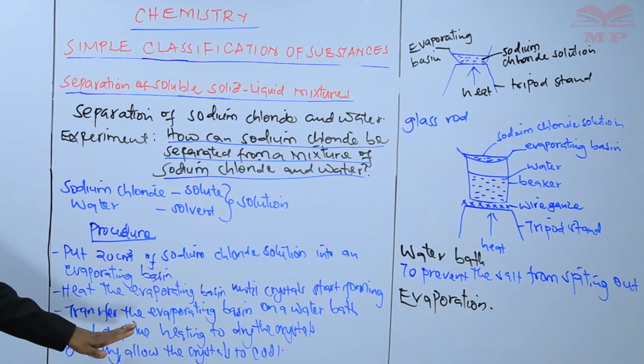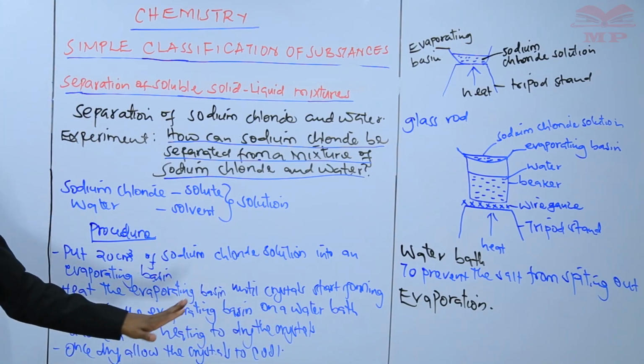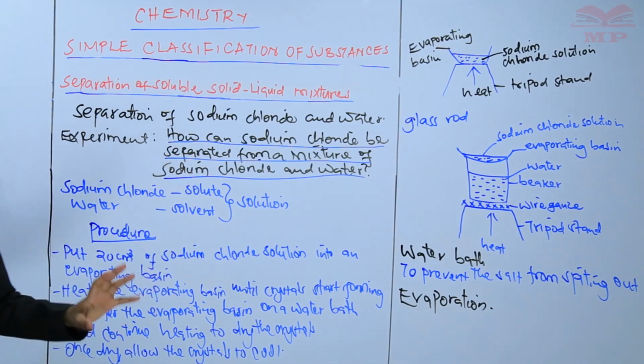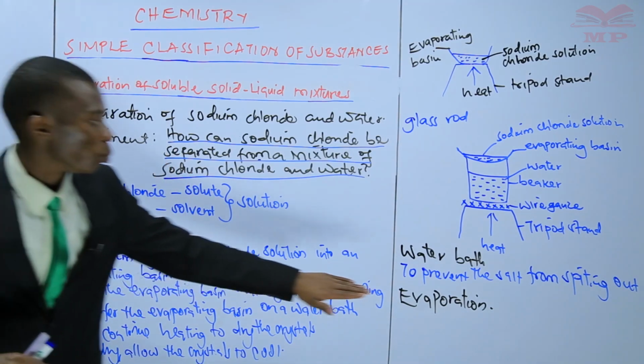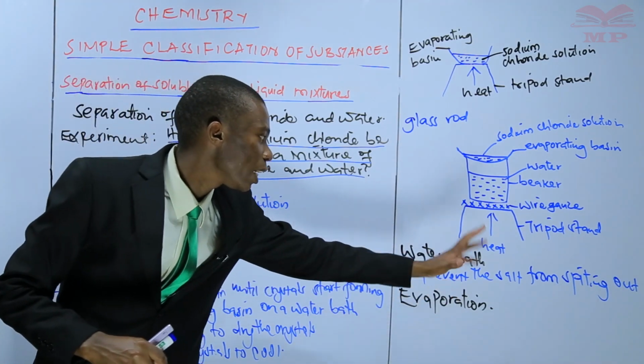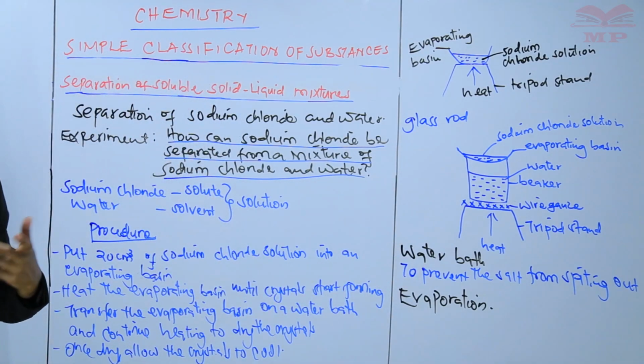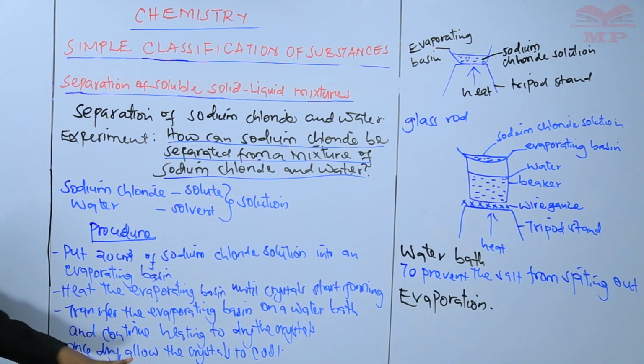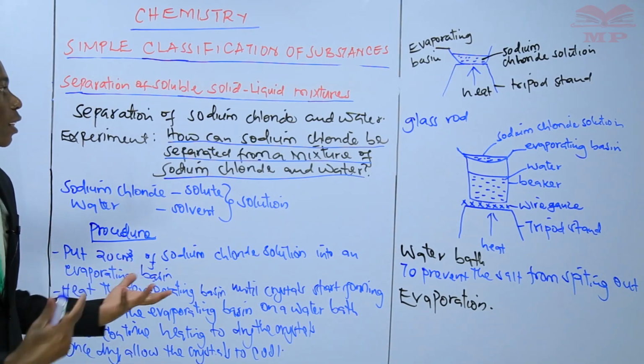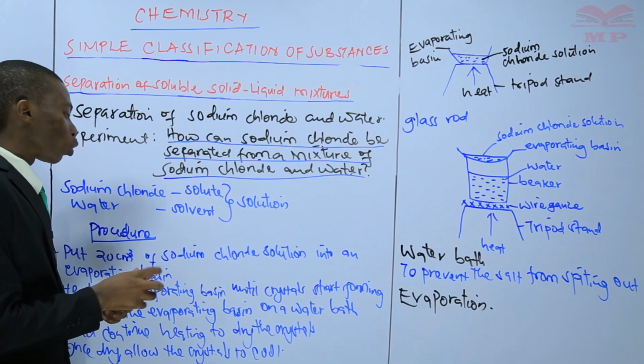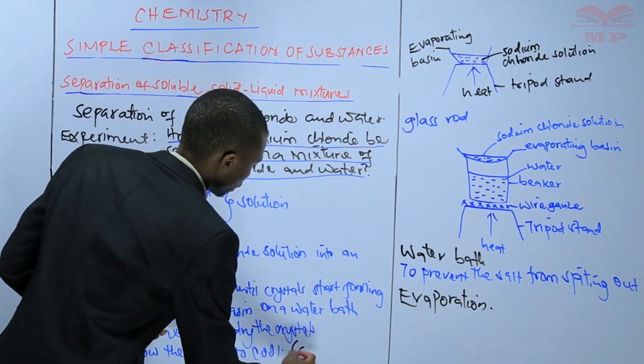Again, this transfer of the evaporating basin onto a water bath, we have said, is important to prevent the salt from spitting out in the process of evaporating. And once you have formed the crystals, allow the crystals to cool. Then these crystals are now sodium chloride.